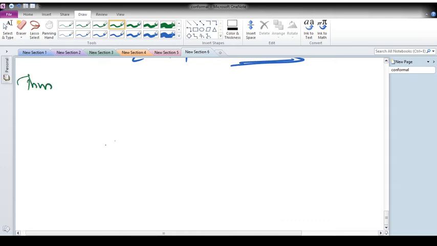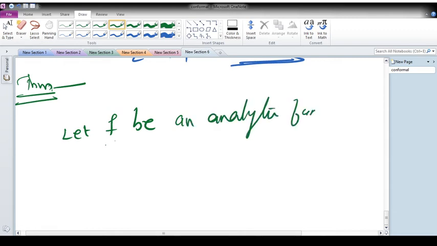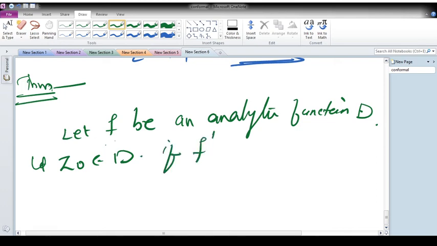So I will state the theorem. Let f be an analytic function defined on D. Let z0 be an element of D. If f'(z0) is not equal to 0, then f is conformal.